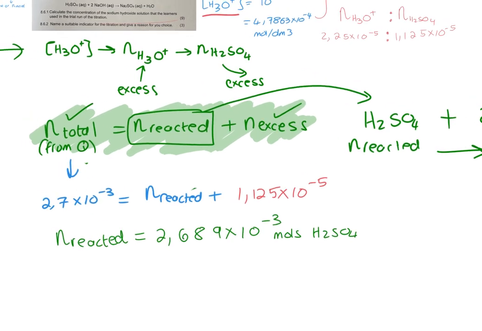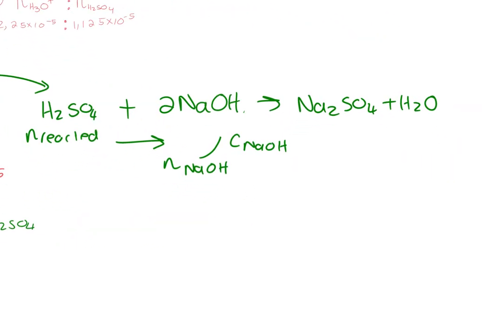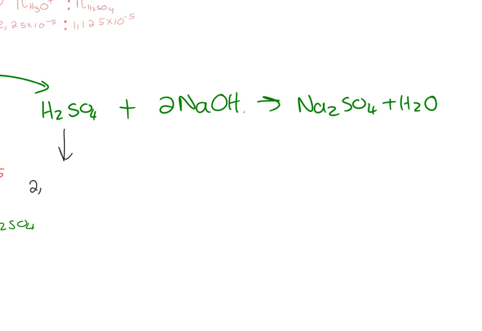So now we have the moles reacted. Where does it go? It goes into the reaction because it was the one that reacted. And so the amount of moles involved in this reaction is 2.68 times 10 to the minus 3 moles.